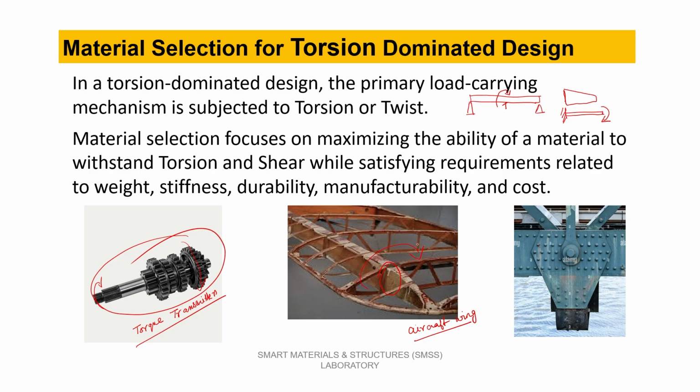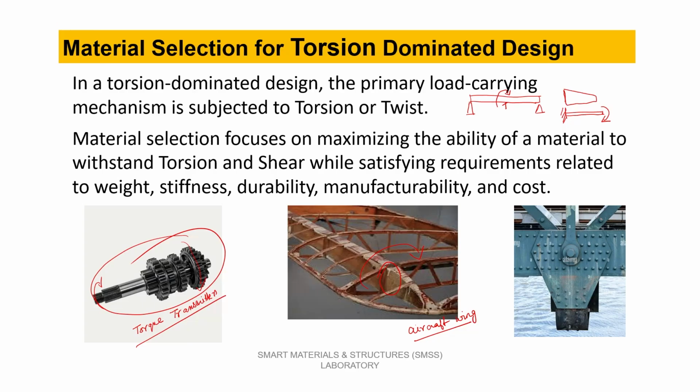It is not transmitting the torque, but that entire structure is designed in such a way that it has to resist this twisting. Because if the aircraft wing itself gets badly twisted, then the aerodynamic interactions are going to suffer. So, this is the objective in such a case, that you have to resist the twist.